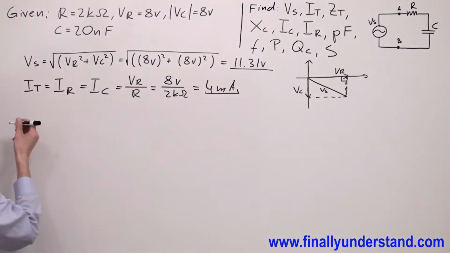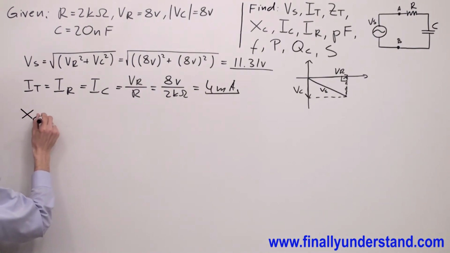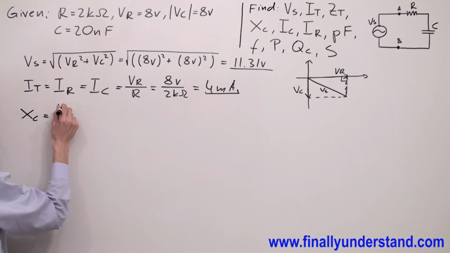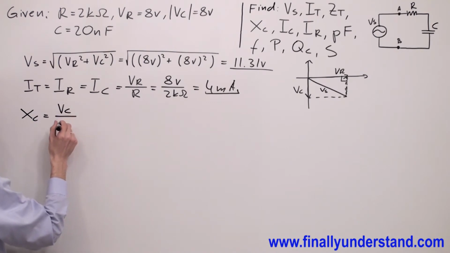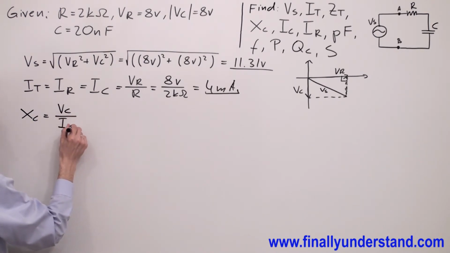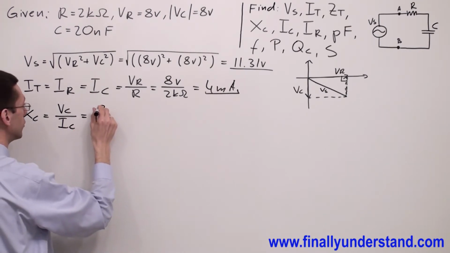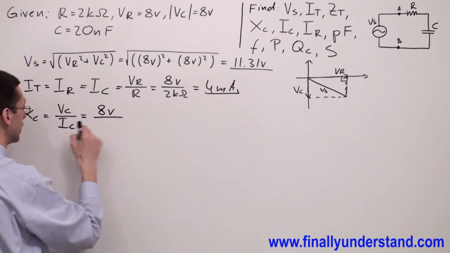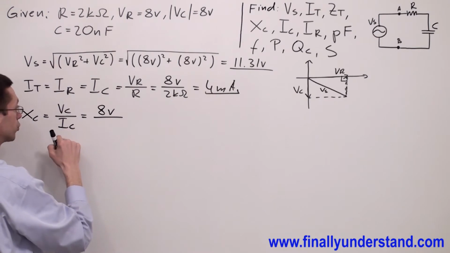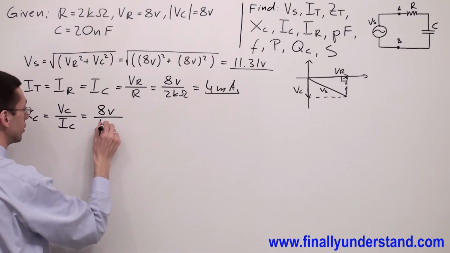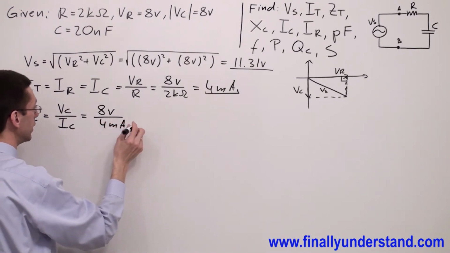We can find X of C. X of C is equal to VC over IC, where the voltage across the capacitor is equal to 8 volts, and the current which goes through the capacitor is 4 milliamps.